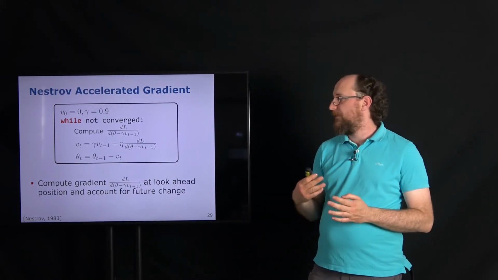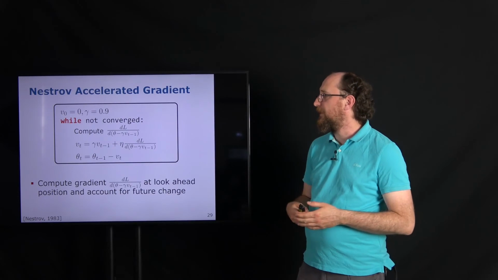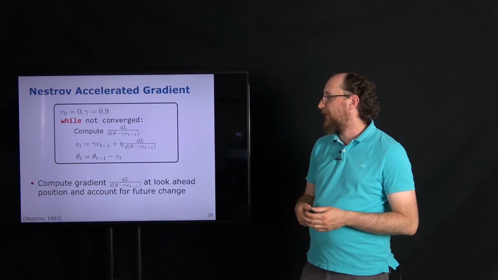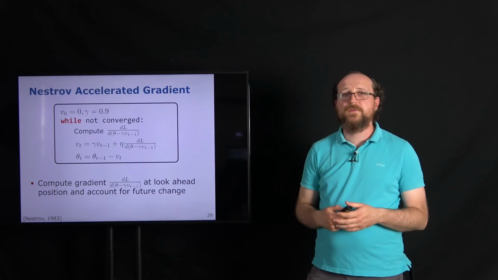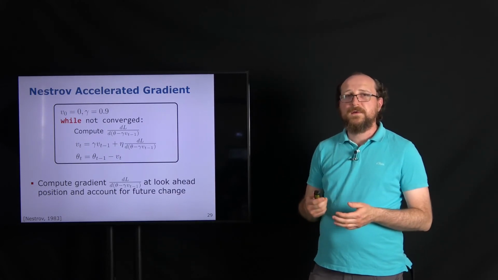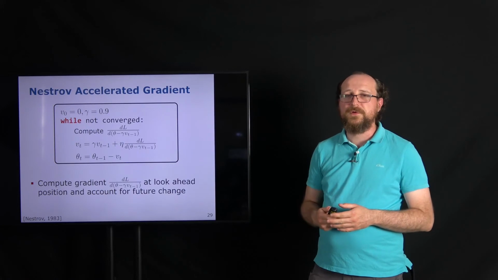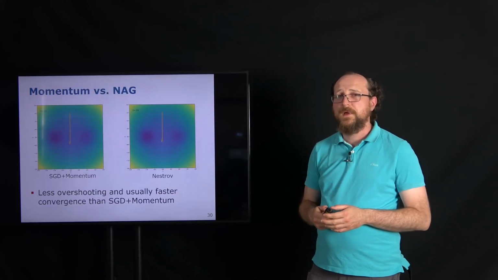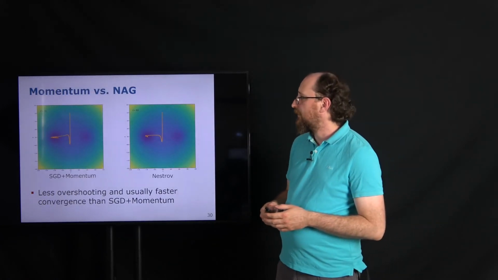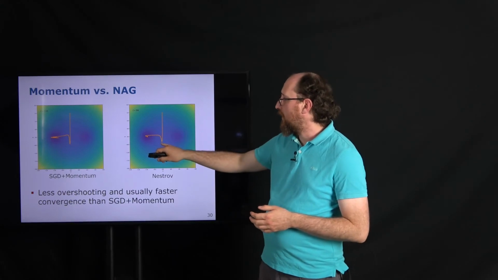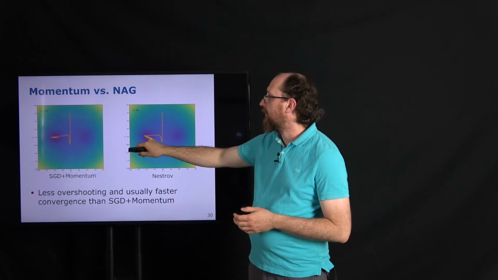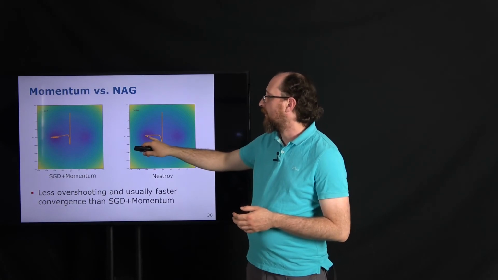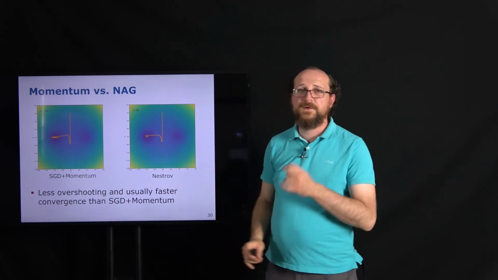And then by this updating of the gradient direction, we are getting a much better behavior. So, and for accounting for the future change, we can then maybe dampen the overshooting behavior that we had before. So in this case, as you can see, we are not going too much in this direction, and as you also can see here, we are not moving so much around the minimum in the end.